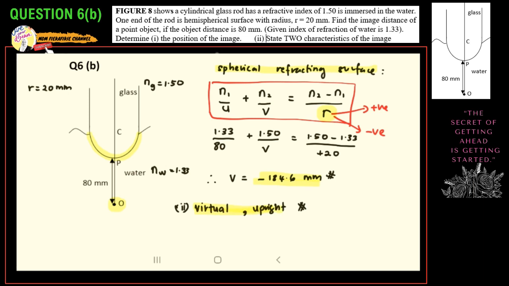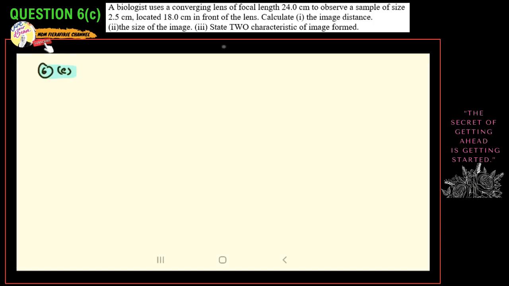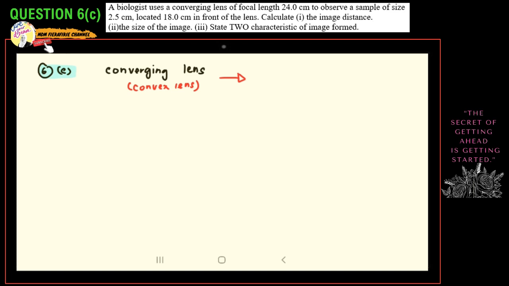Okay, so let's proceed to question 6C. Okay, 6C, a biologist uses a converging lens. So let's write converging lens. Converging lens is referring to the convex lens. So for convex lens, F, the focal length, should be a positive value.